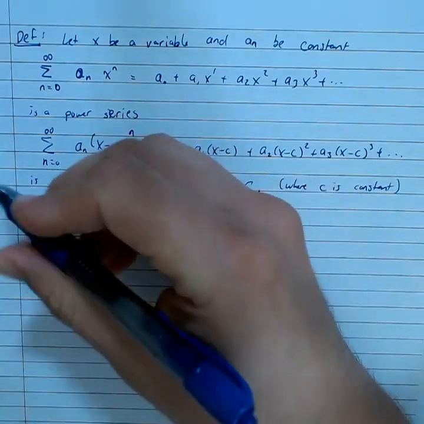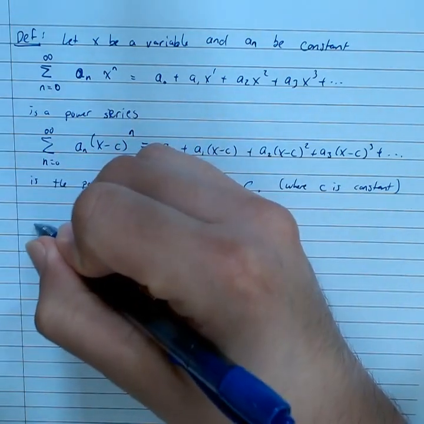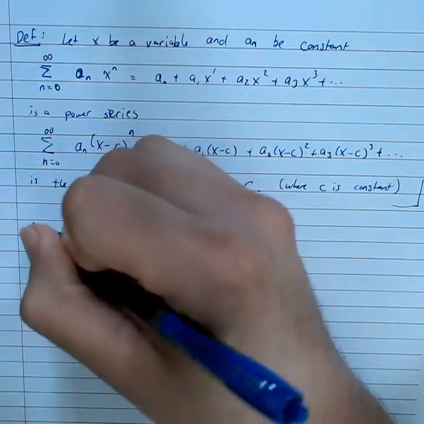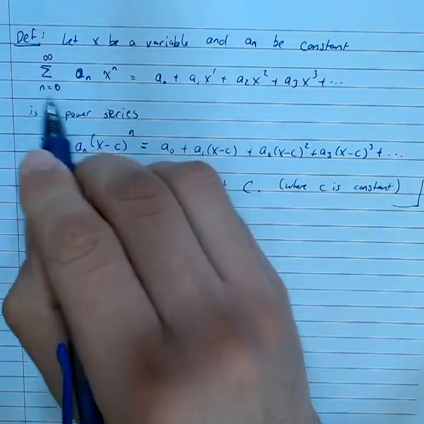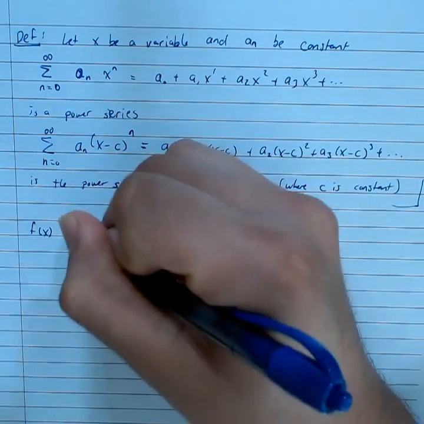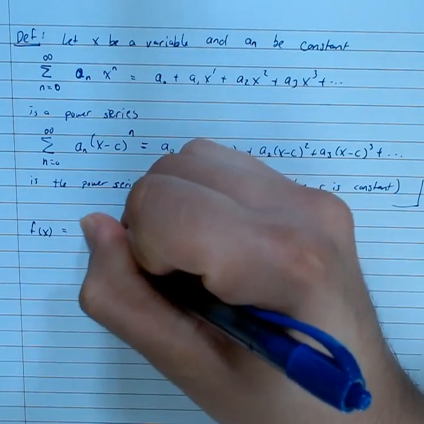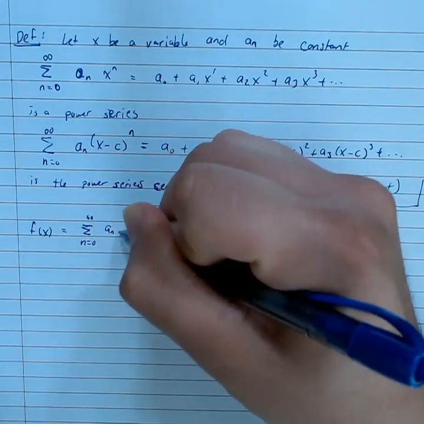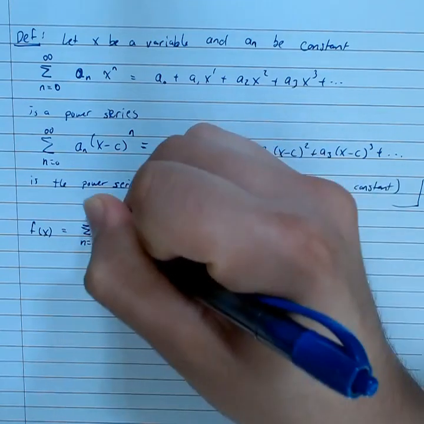So that's the end of our definition up there. Now we're going to look at something else. Let's consider this as a function. So f of x is equal to the sum as n goes from 0 to infinity of a sub n x to the power n.